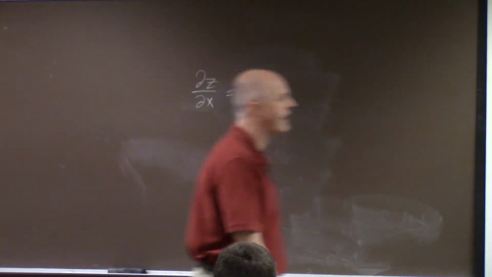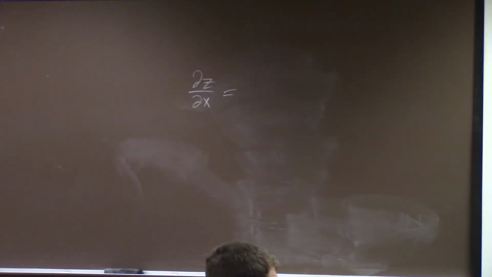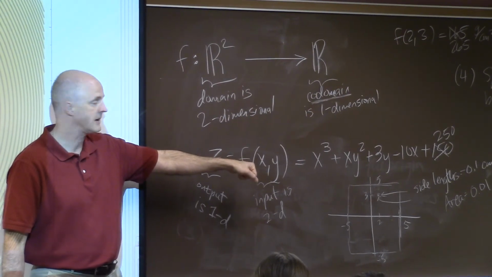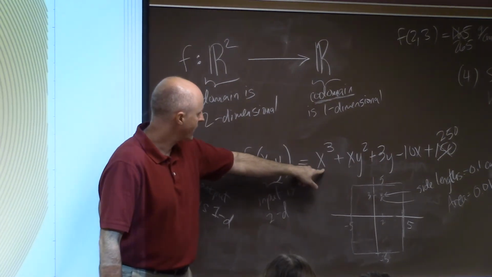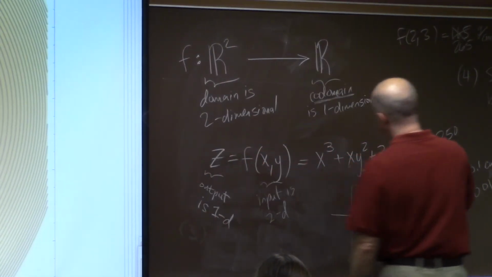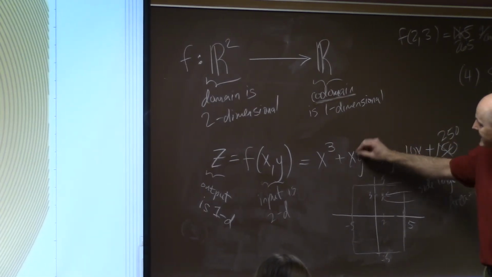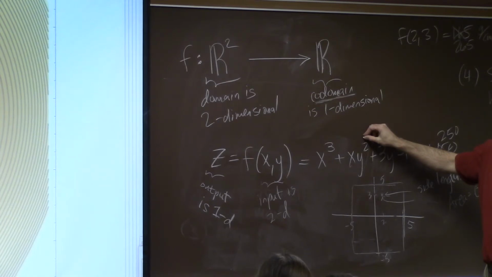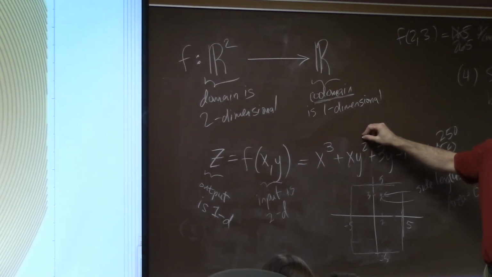Anyway, as far as calculating the partial derivative of z with respect to x, you just look at that expression and treat the y like a constant. That's all you have to do. Differentiate it with respect to x. So differentiating that is going to give you a 3x squared. Differentiating this with respect to x, treat the y squared like a constant, like 10 or something. The derivative of 10x would be 10.